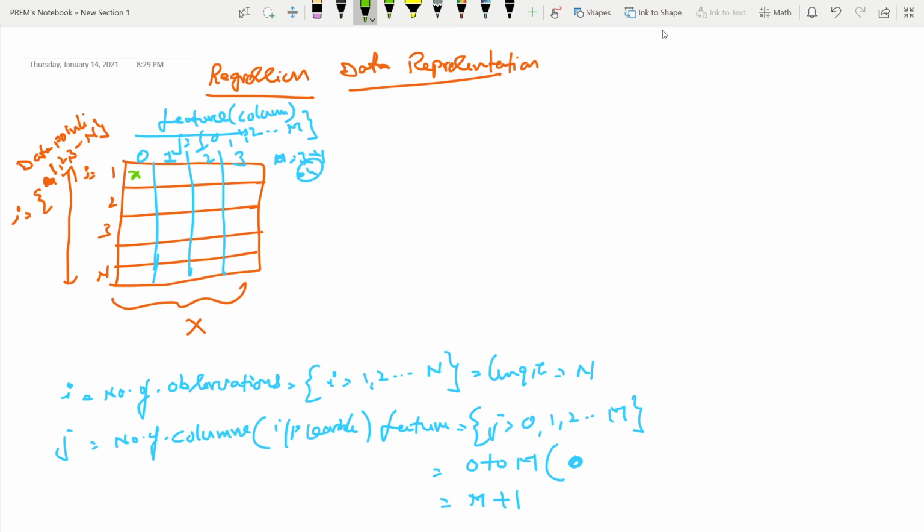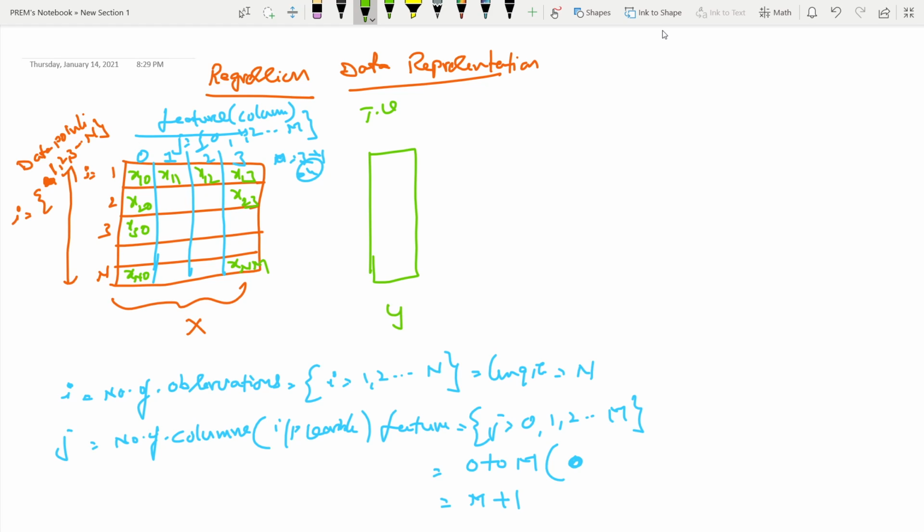So x first row, 0th column, x first row, first column, x12, x13, and x20, x30, and this is the x23. Similarly, you can write x nth row, 0th column, and x nth row, m column, and this is the x. And I can say this is my target variable.